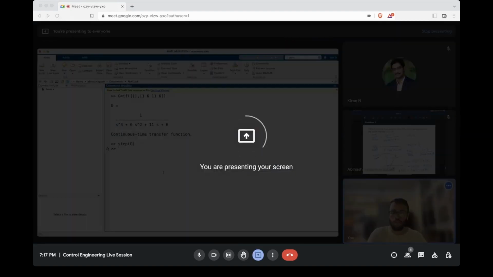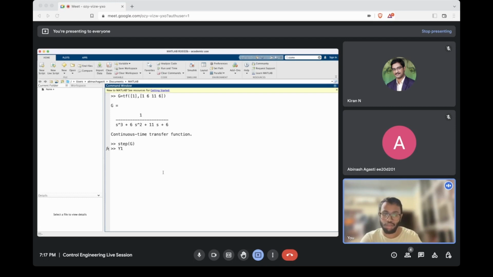Okay. So now I'll find out y1, let's say g1 is s minus 2. Right, so this is the transfer function we want to check.